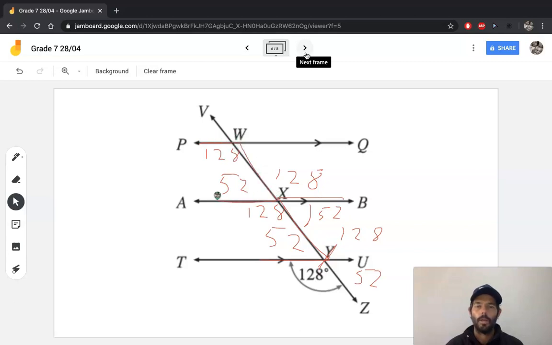Okay, there where the lines are being drawn, that's going to be 52 because perhaps you said there's alternate angles. So we know alternate angles are equal because line AB is parallel to line PQ. Then that's going to be 128 and 52.